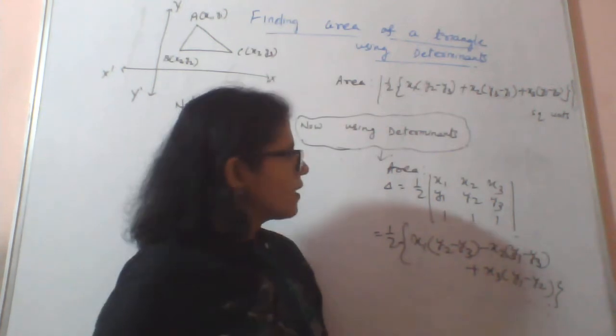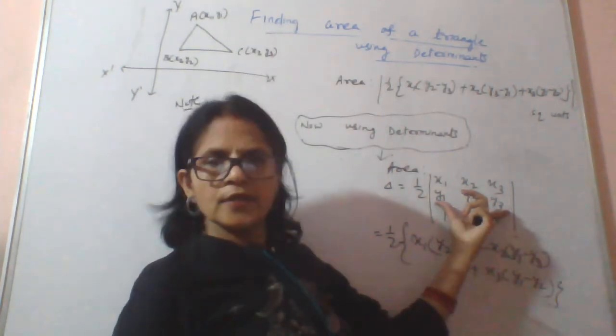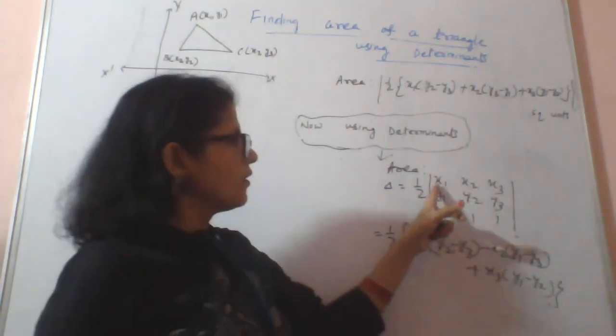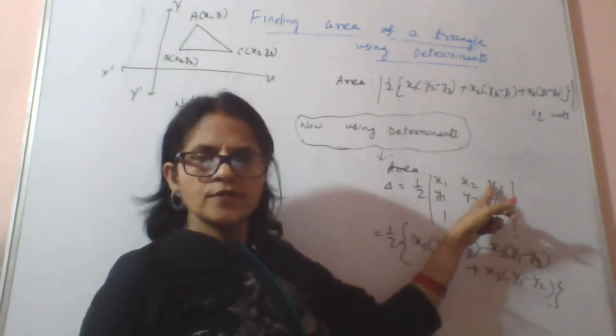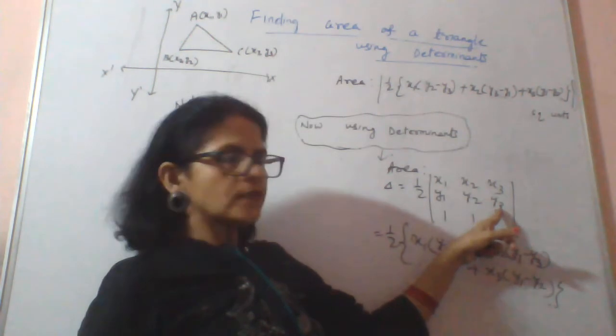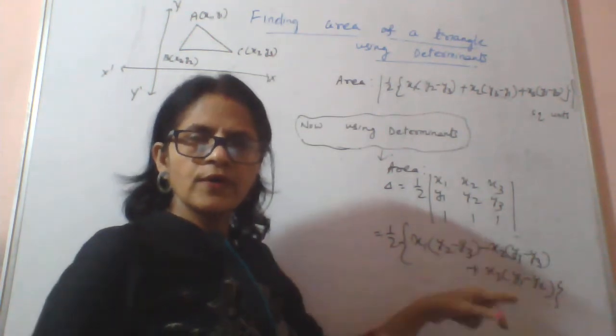Whenever you write the determinant form, I have taken x1, x2, x3 in the first row, y1, y2, y3 in the second row, and 1, 1, 1 in the third row.